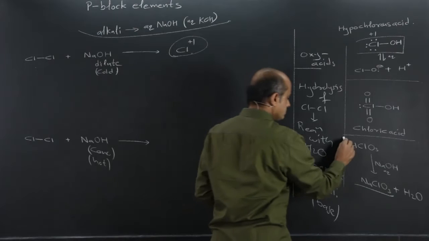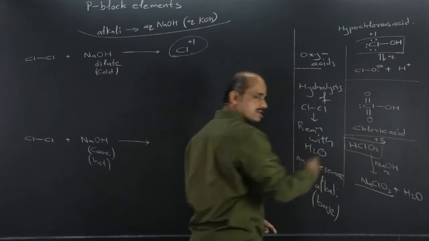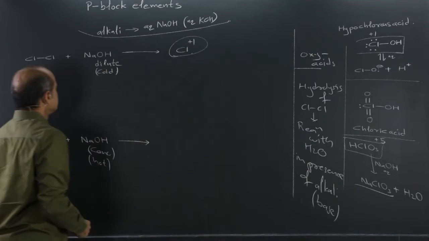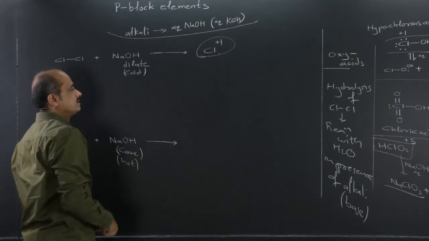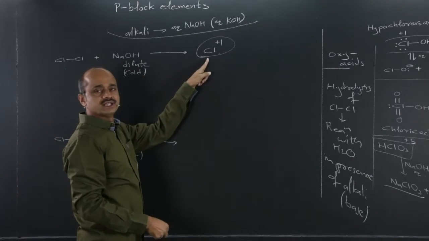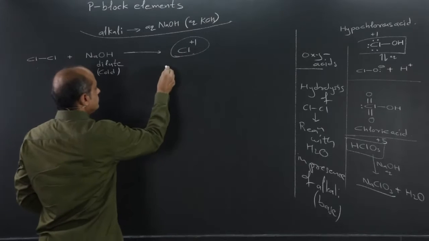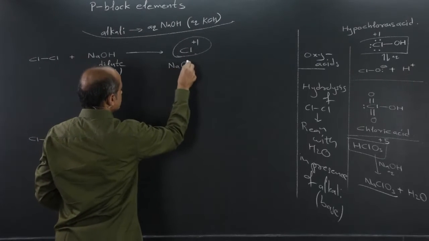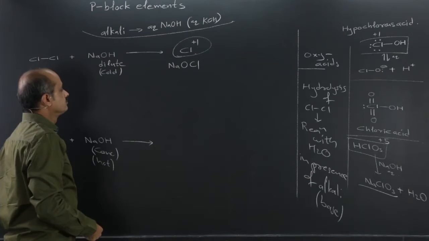In chloric acid the oxidation number of chlorine is +5, that you can calculate. So cold dilute NaOH gives the acid corresponding to +1, means hypochlorous acid, and immediately it gets neutralized. So that compound will be formed, and now this I can write directly.